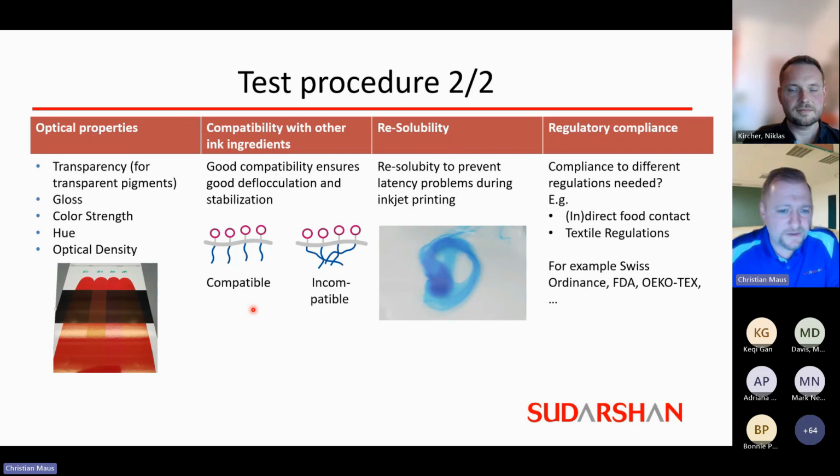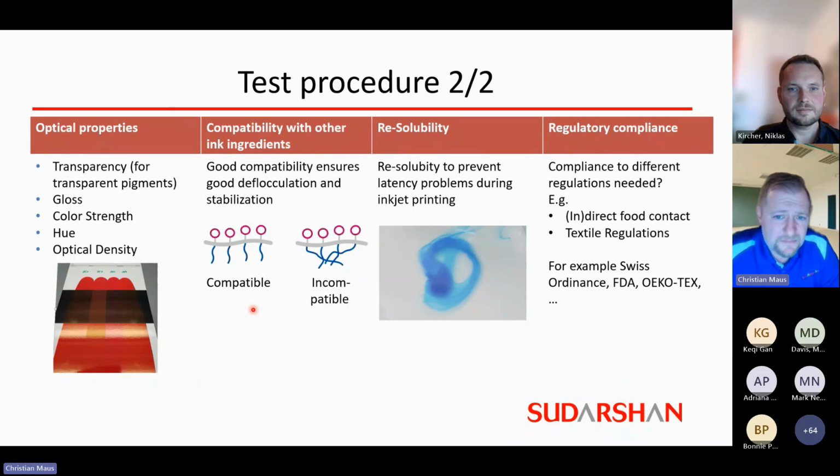But sooner or later you will have to formulate a complete ink. So you will have to use a letdown. And here you have to check the compatibility, that you ensure good deflocculation and stabilization in the ink.